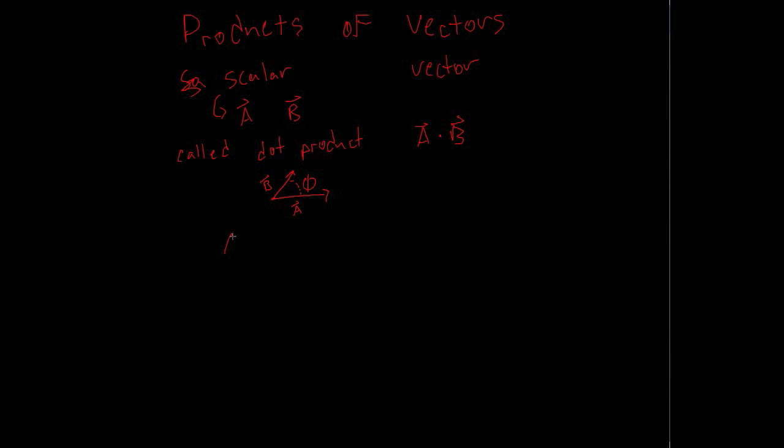A dot B, or the dot product of A and B, is defined as the magnitude of vector A multiplied, so times, the component of B parallel to A. So the component of B parallel to A would be this component right here.